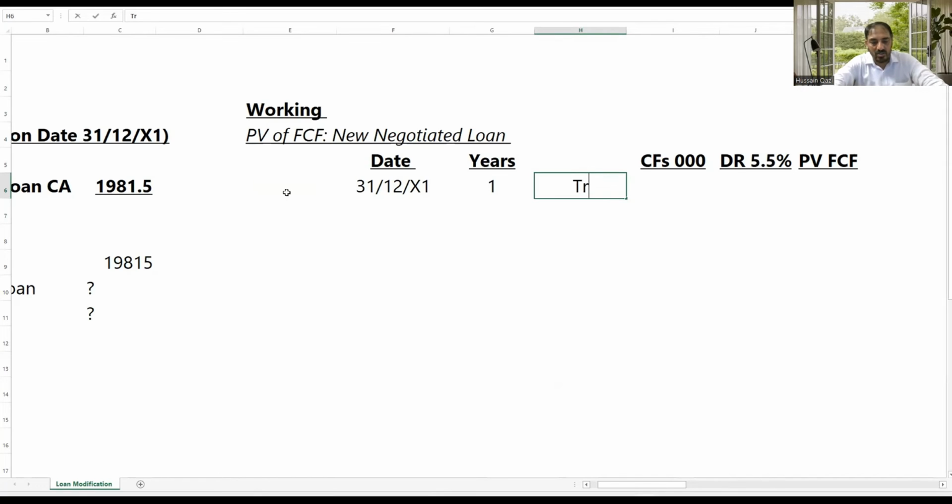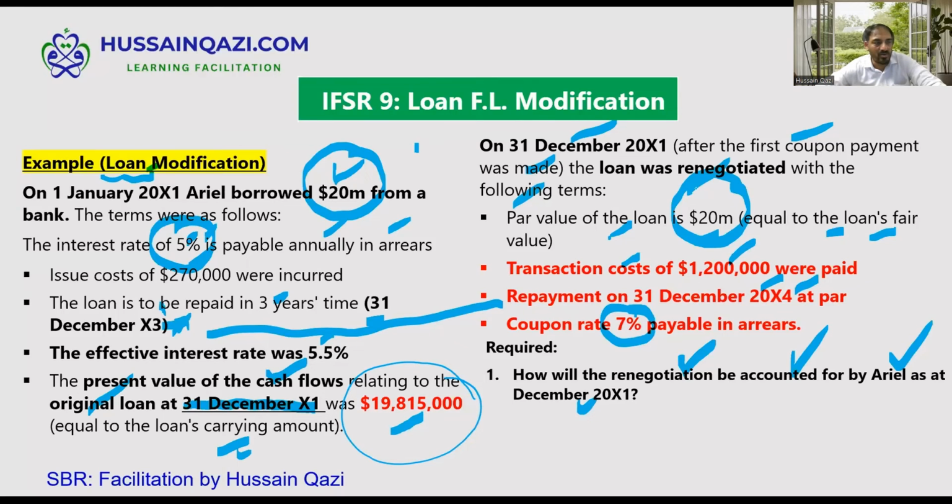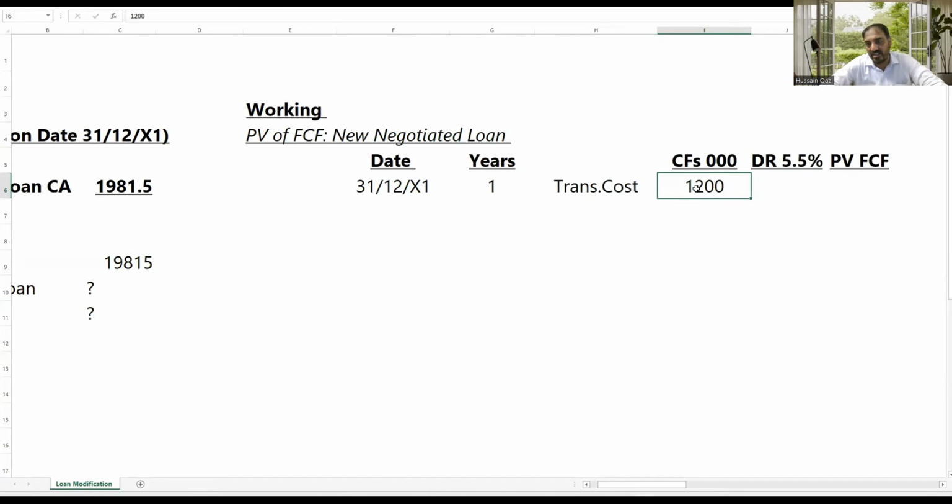And this is about the fees or the transaction cost. And what is the value of this transaction cost? That is 1200. In thousands. Yes, of course. This is the now figure, so it's not discounted. Sorry, it's year now, not 0. 31st December X1, it's now.